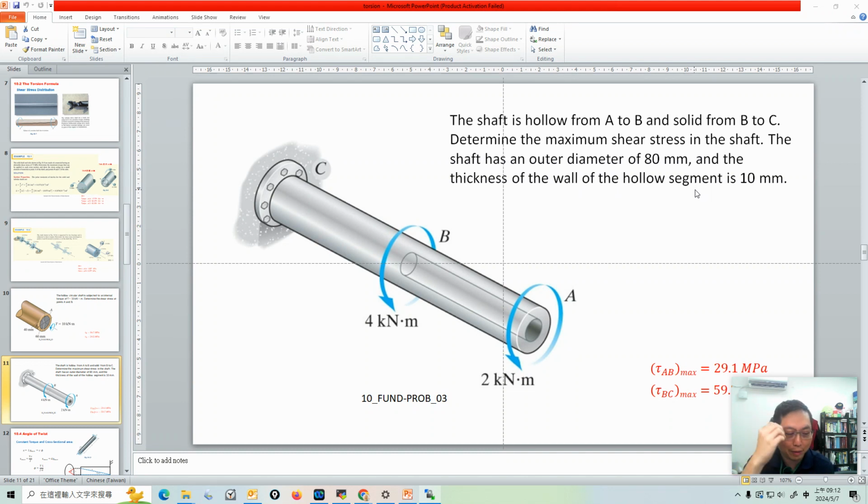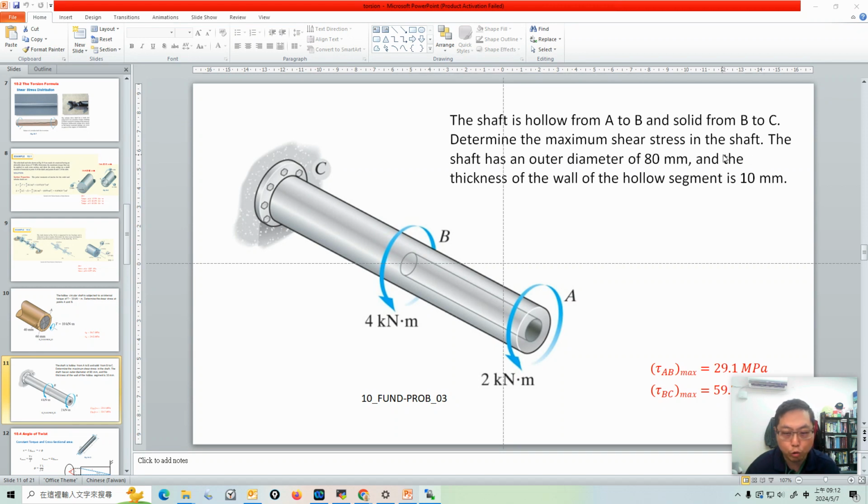Sometimes you haven't read the description, and maybe you don't know what this means, so I really need to explain this. This is a shear stress calculation.